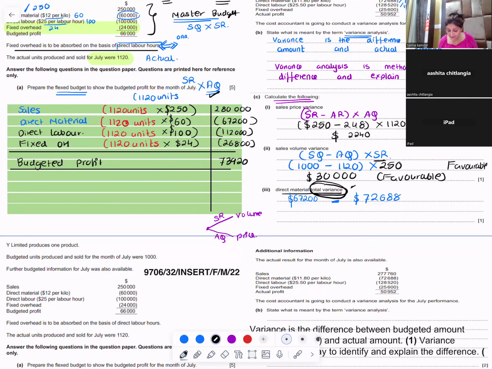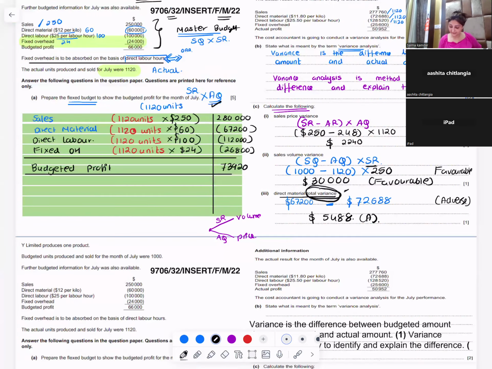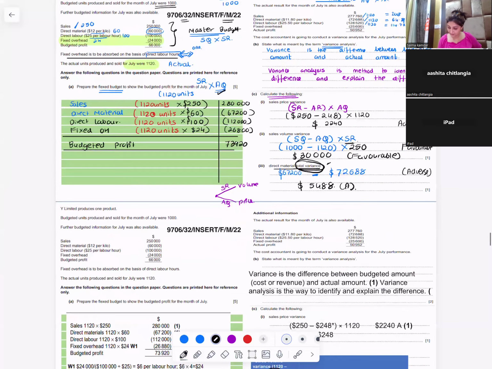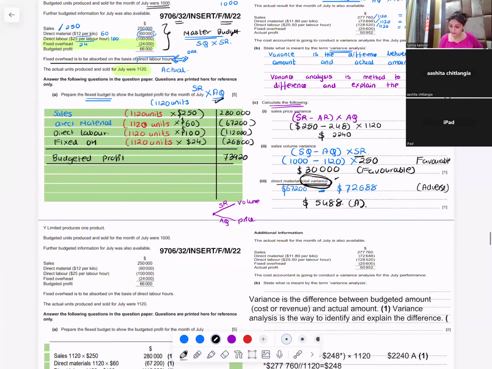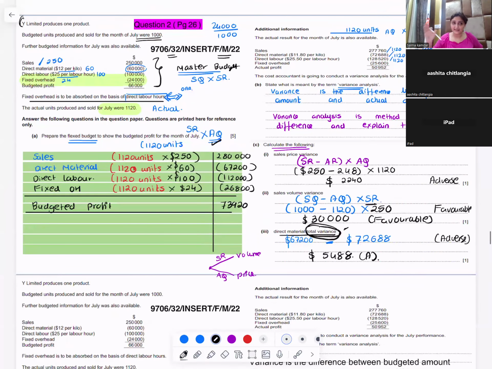It means you ended up spending more, so it's adverse. How much? $5,488 adverse. Now you can try this once more before we go ahead.